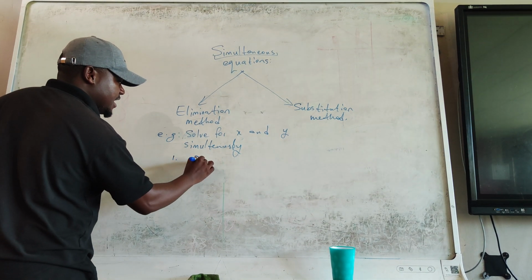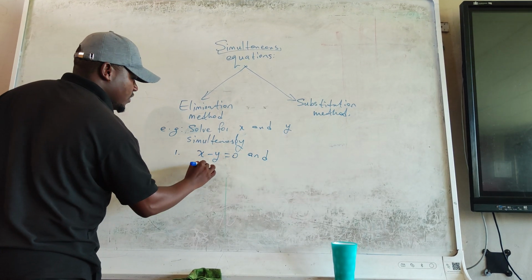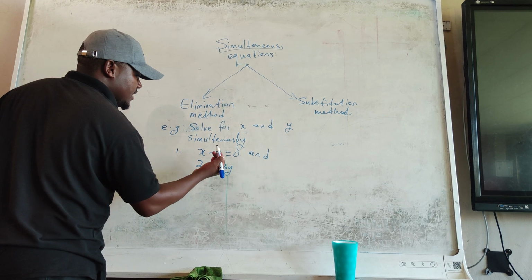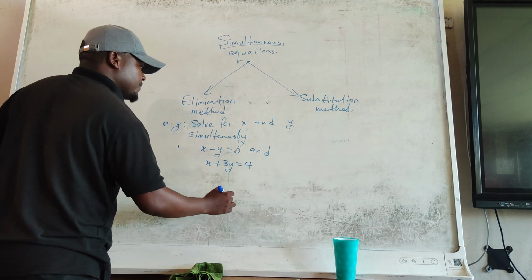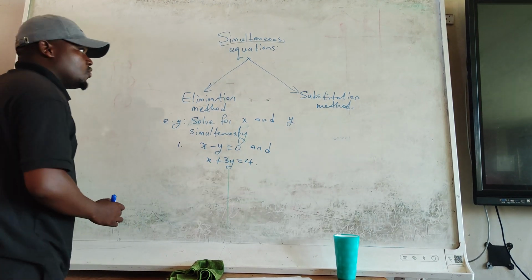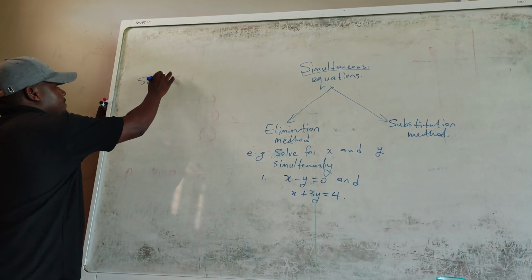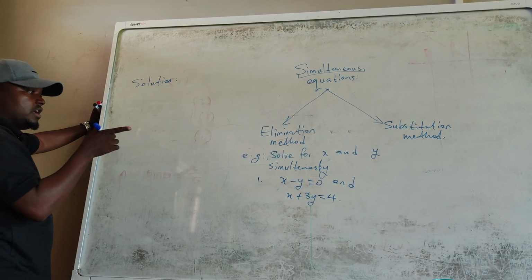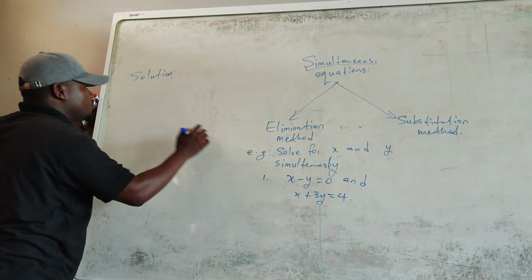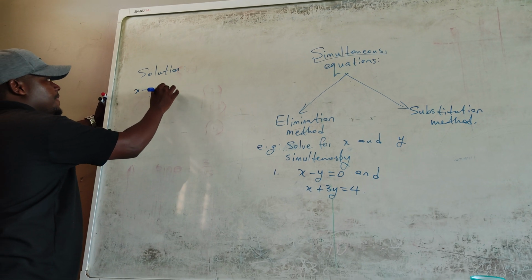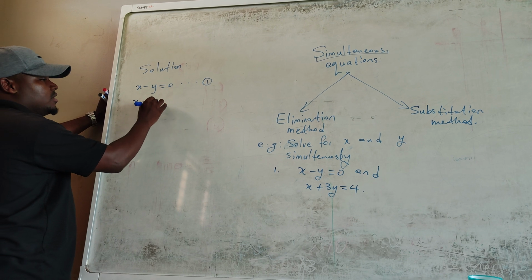They can give you x minus y equals 0, and x plus 3y equals 4. When you solve these two equations by elimination, the first thing is to label them. Make this one equation 1, and this one equation 2.